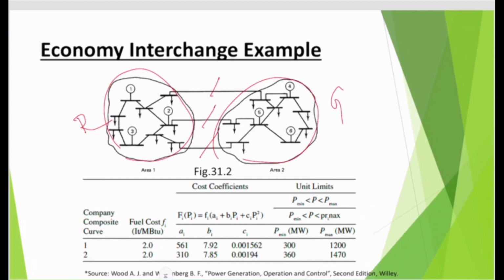exchanging power through different connections of transmission corridors. And there are cost characteristics belonging to area number 1 and area number 2. As you could see, the ABC coefficients for area number 1 and 2 are known to you, and the P minimum and P maximum are also given. That means area number 1 can handle energy between 300 and 1200 megawatt. Area number 2 can handle energy between 360 and 1470 megawatt.